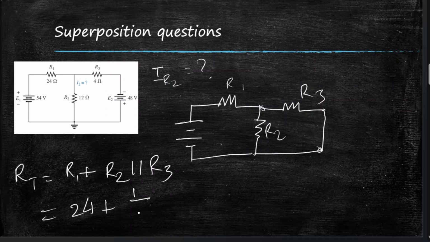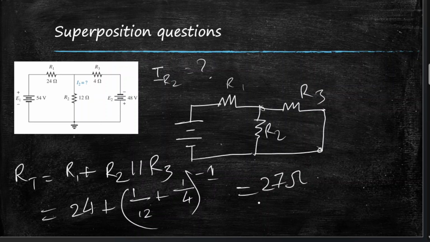So 1 over R2, which will be 12, plus 1 over R3, which will be 4, and to the power minus 1. Let's put that in the calculator. So 24 plus 1 over 12 plus 1 over 4 to the power minus 1. So we have 27 ohms.